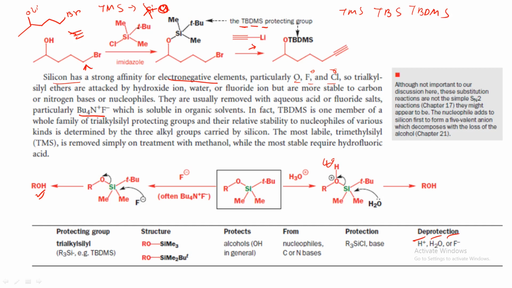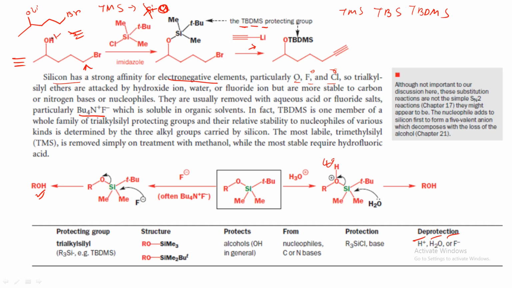This lithiated species would take this acidic proton first, and it would be quenched, and it would generate this acetylene molecule. So to minimize that, we protected this with this TBS protecting group.